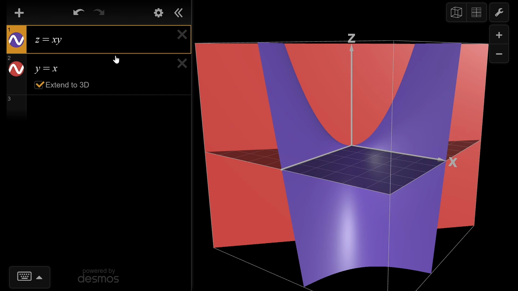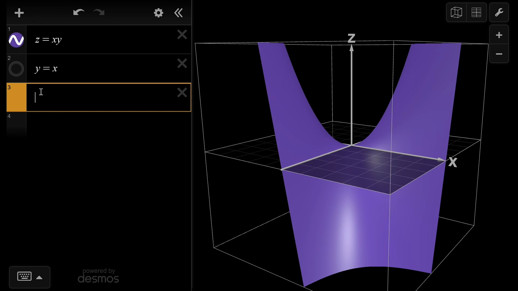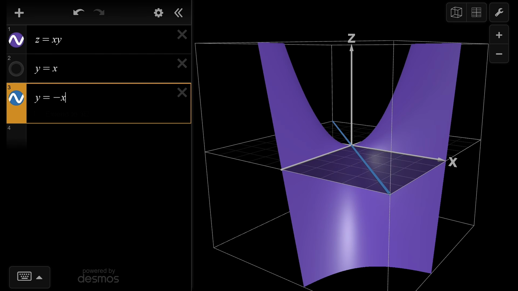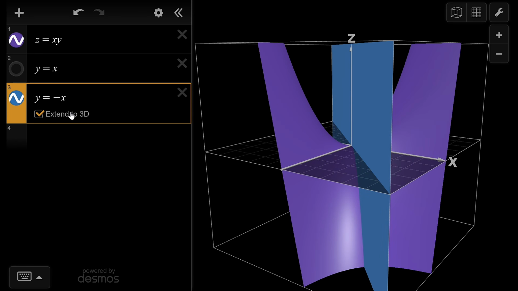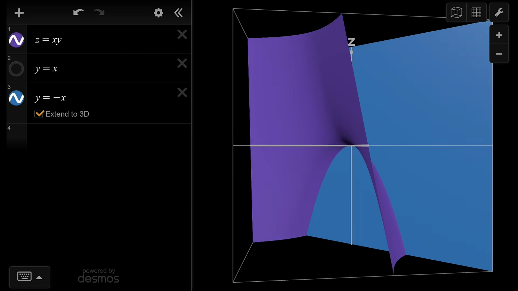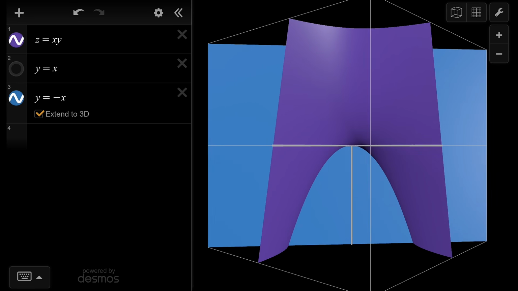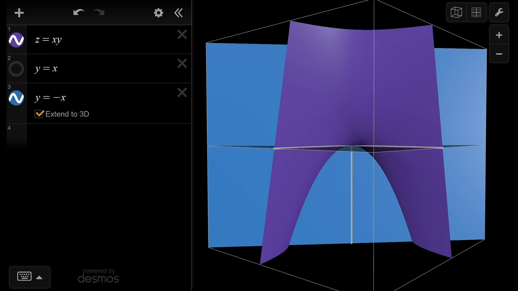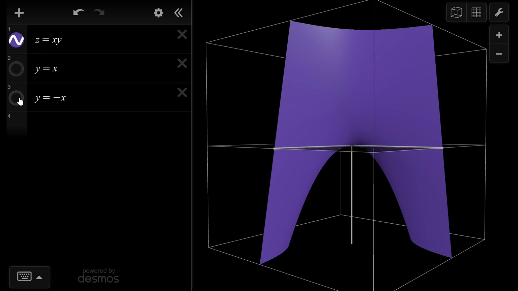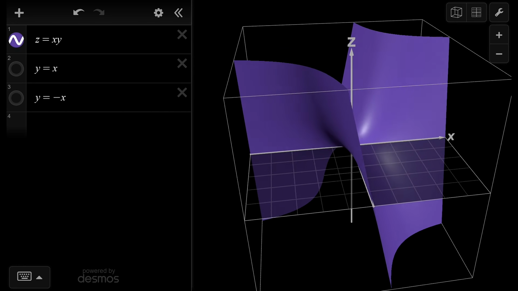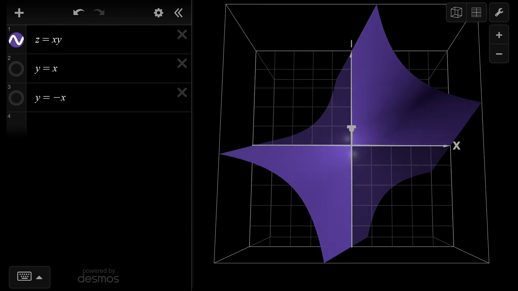If we now consider the line in the xy plane that's 90 degrees rotated from this one, which would be the y equals minus x line, we get the same thing but with a minus sign, giving a downward opening parabola. Combining those gives us this hyperbolic paraboloid, just like before, except rotated 45 degrees from the x and y axes.